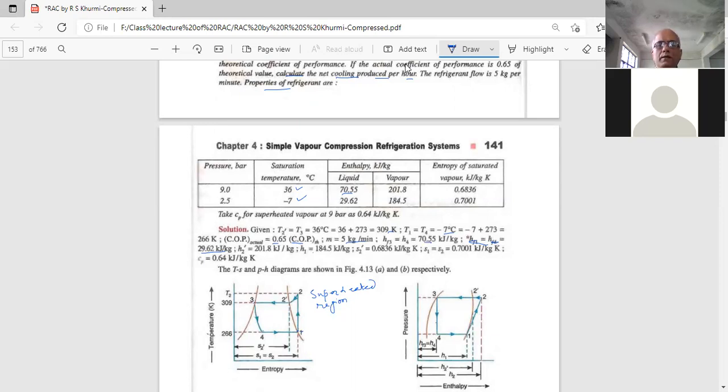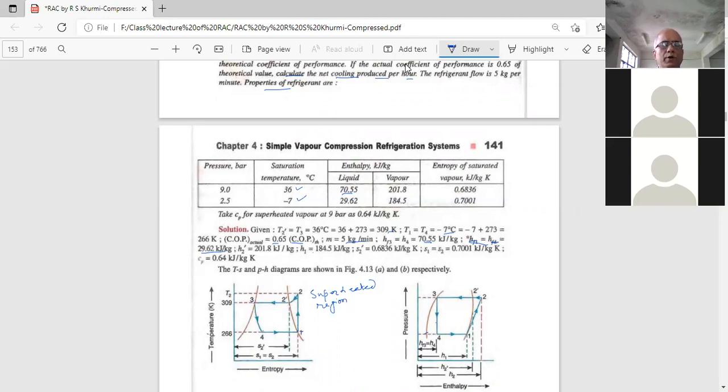And hf1 is the enthalpy of the fluid at temperature minus 7 degrees centigrade, which is given as 39.62, and that is also equal to hf4, the enthalpy of the fluid at point 4 itself.